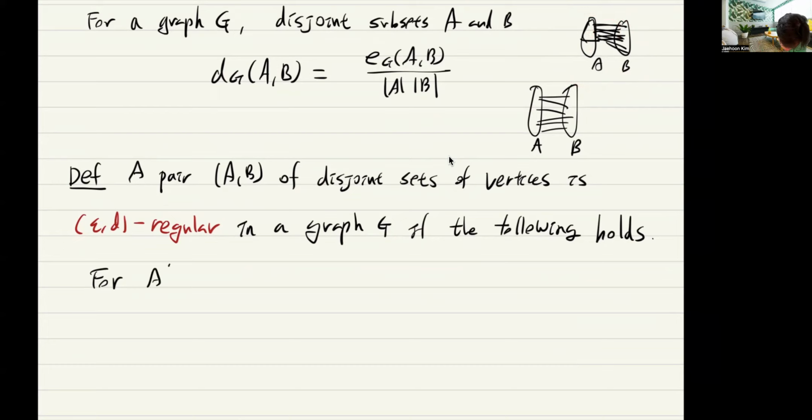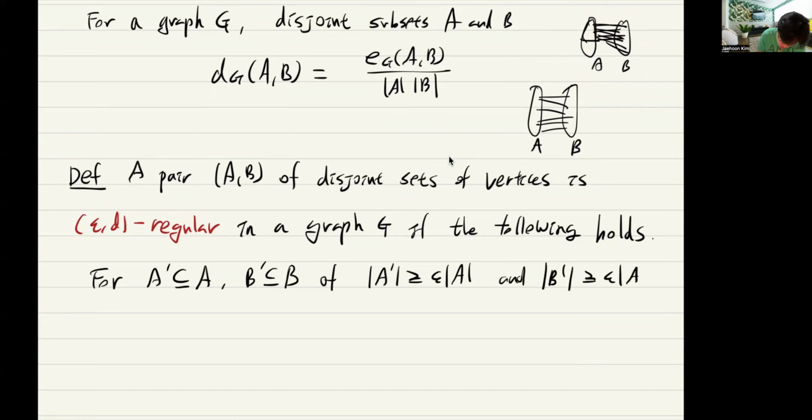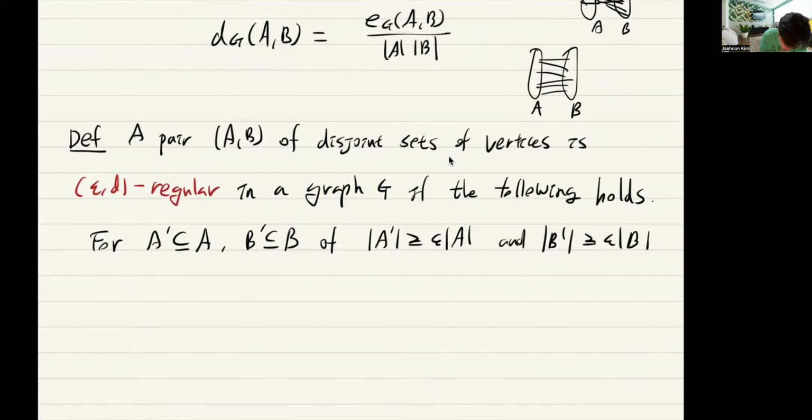And how do we define things to forbid it? For subsets which are not too small, so A prime and B prime are subsets of A and B which have size at least epsilon times |A| and epsilon times |B|, and we measure the density between them, and that's very close to d.